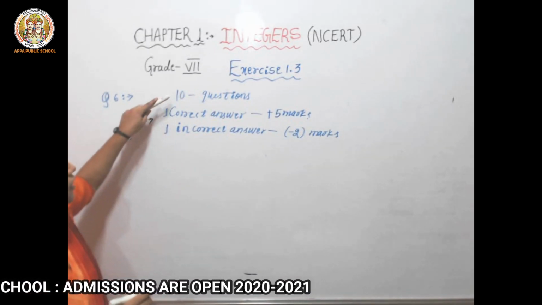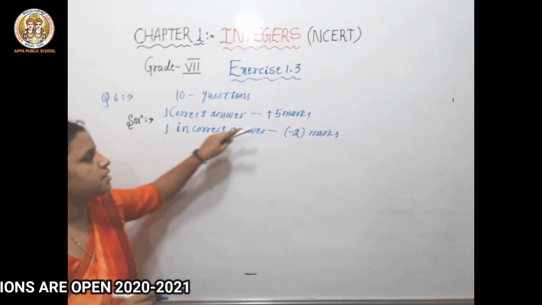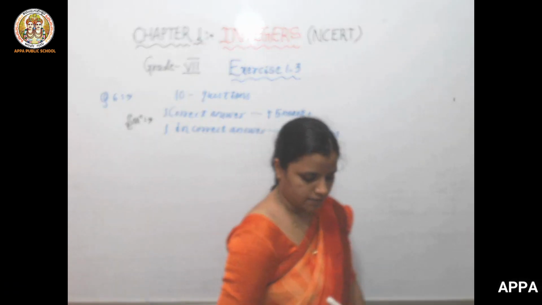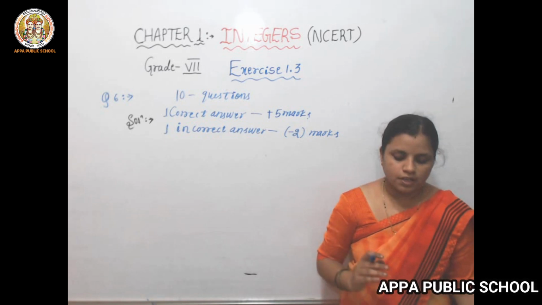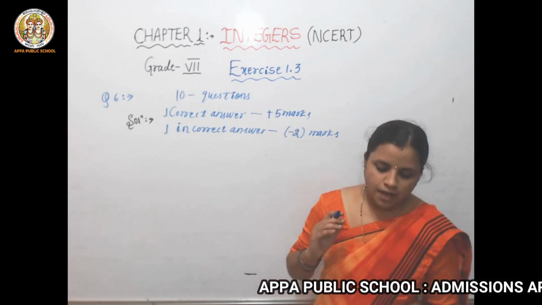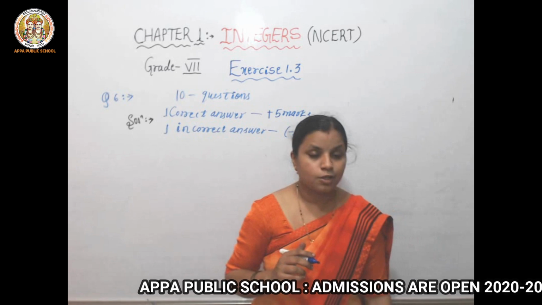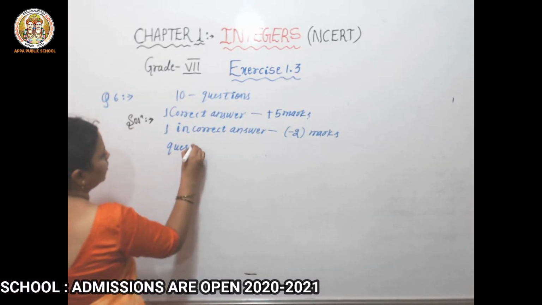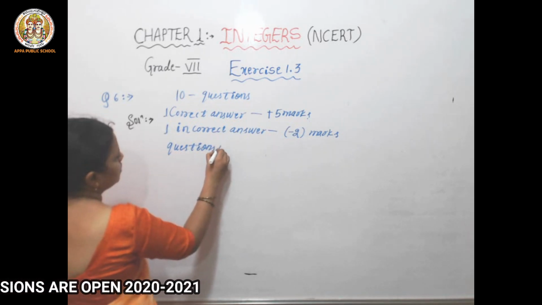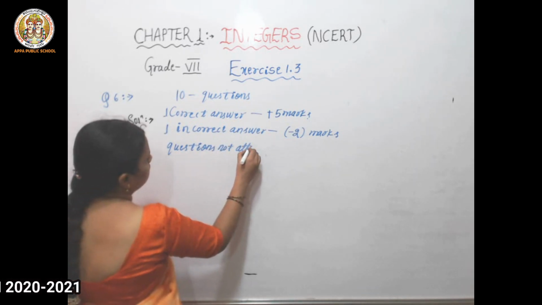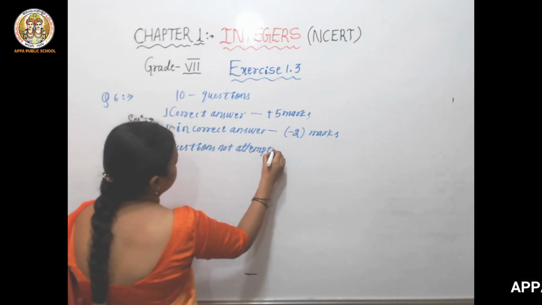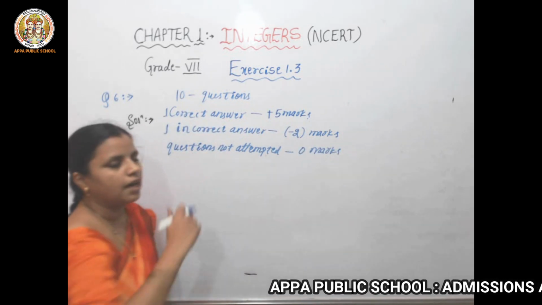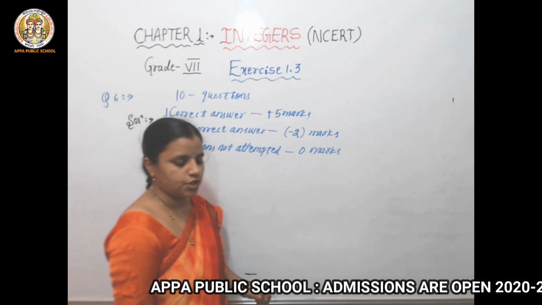And 0 for questions not attempted. For the questions not attempted, we are giving 0 marks. This is the data we got from the question.